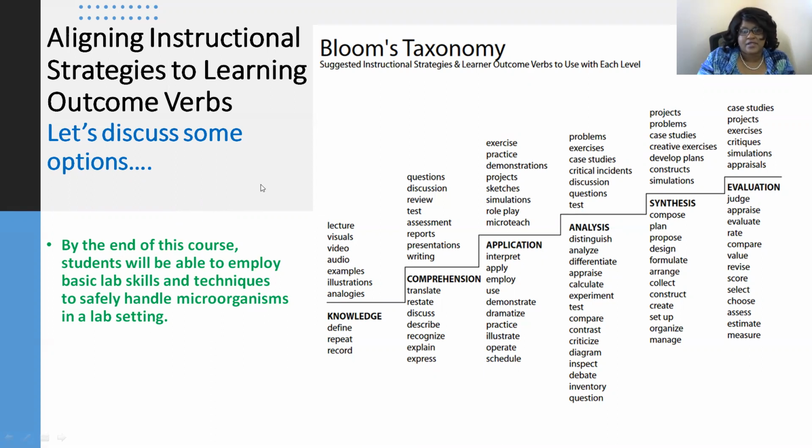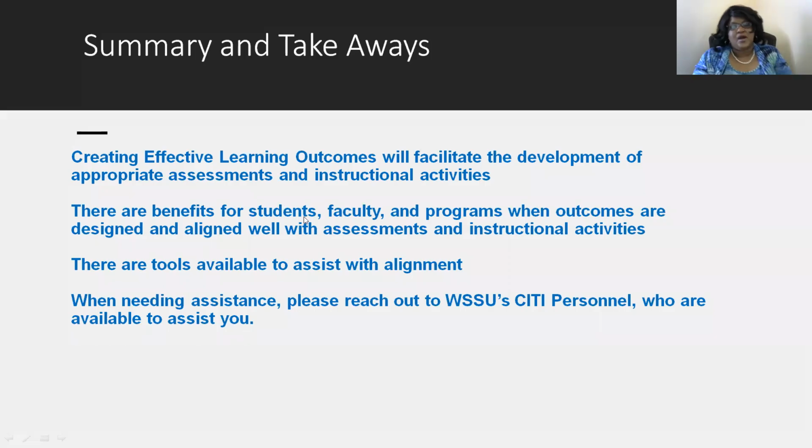So those are all really good suggestions. I made sure I didn't pick anything in my discipline so that we represent different ones. But these are all just a way to get started as it relates to effective learning outcomes and that alignment with our learning activities and our assessments.